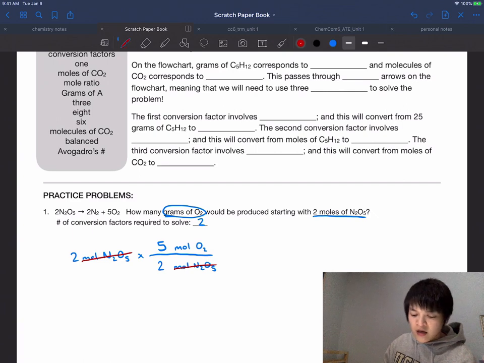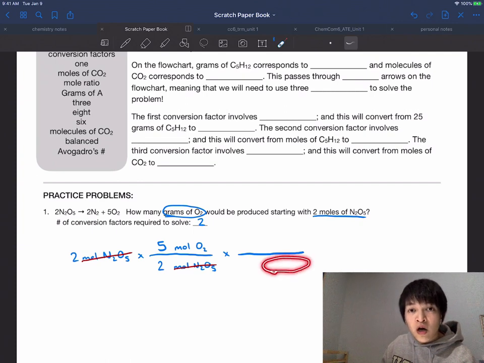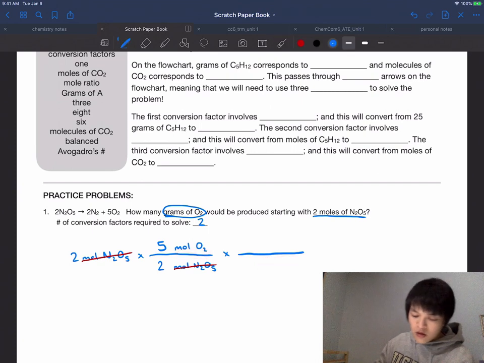So, again, we need to do our second conversion factor. So here's our second conversion factor. The unit that we write down on the bottom is the unit that we already wrote, moles of O2. So we write moles of O2 on the bottom.